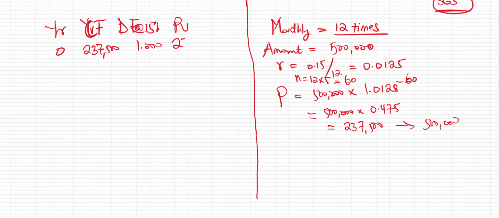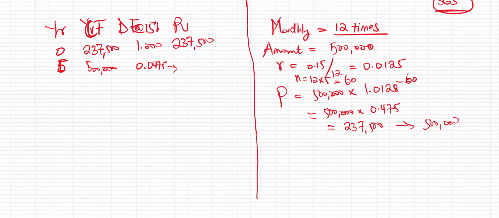Which is still 237,500. And then in 5 years' time, you are going to get 500,000, which was discounted at 0.475, which gave us this. If you compare this to the initial cash flow, your investment, the difference will give you the return, which is your NPV.